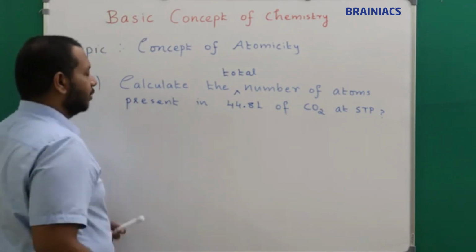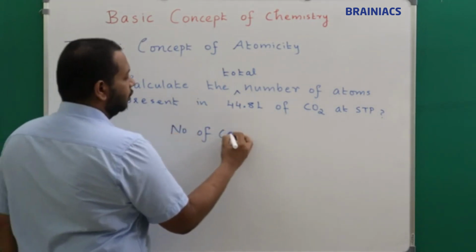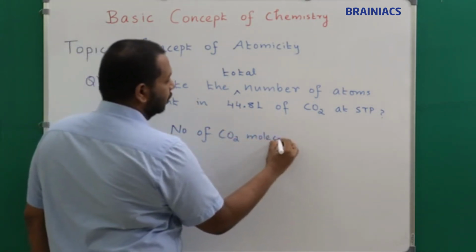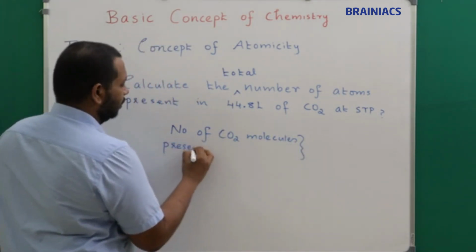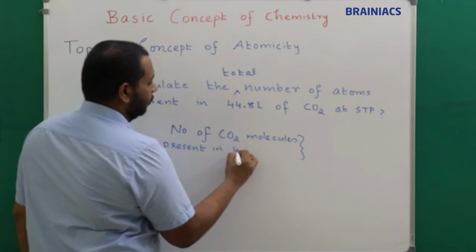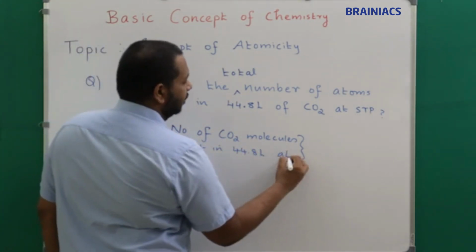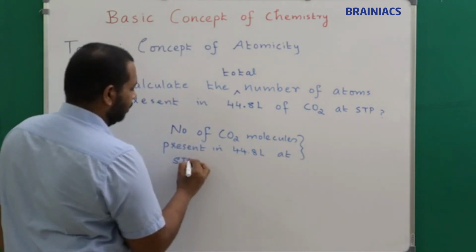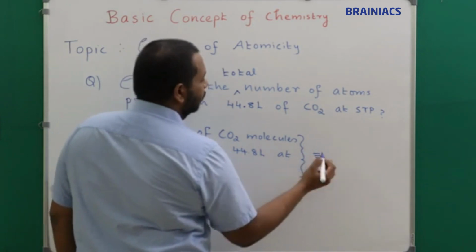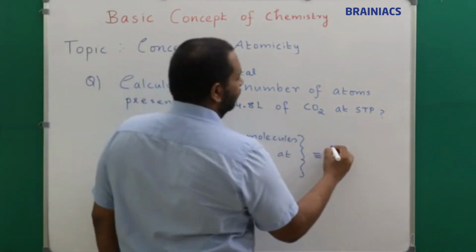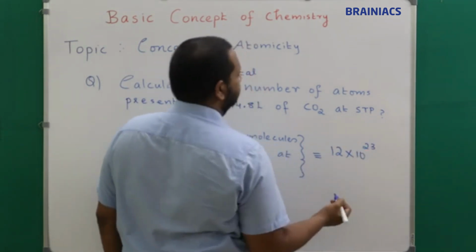So right now I know the number of molecules, so I will write it as the number of CO2 molecules present in 44.8 liters at STP. How much was it? Just now we calculated. It was 12 into 10 power 23.